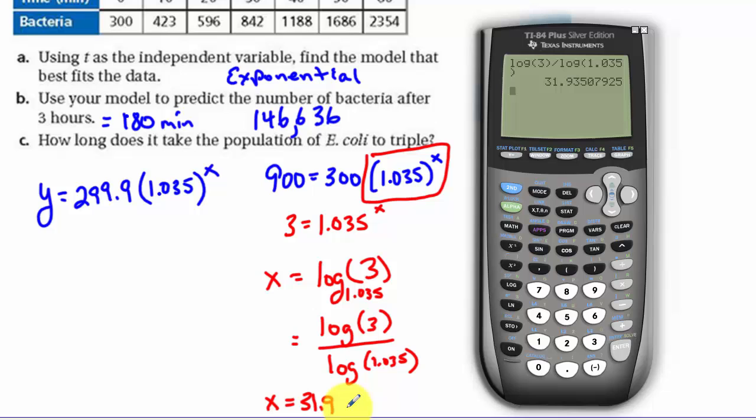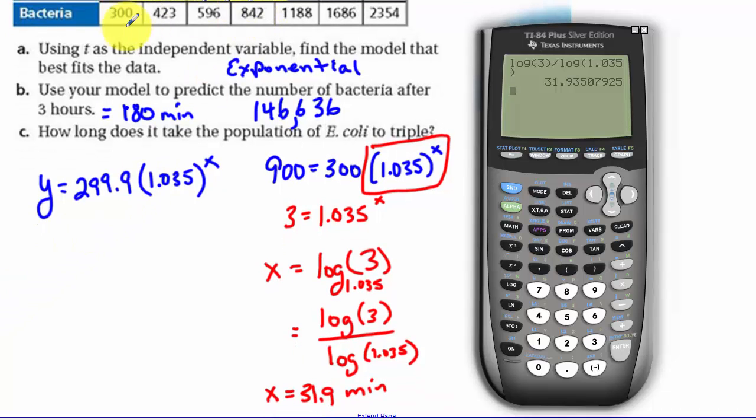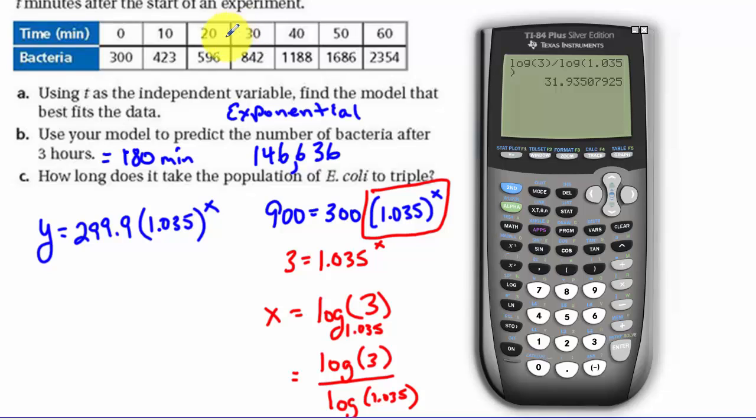So 31.9 minutes, it would triple. Now that kind of makes sense because 300 was here, 900 would be between these two. And again, that would be somewhere between 30 and 40, which makes sense. So this number makes sense.